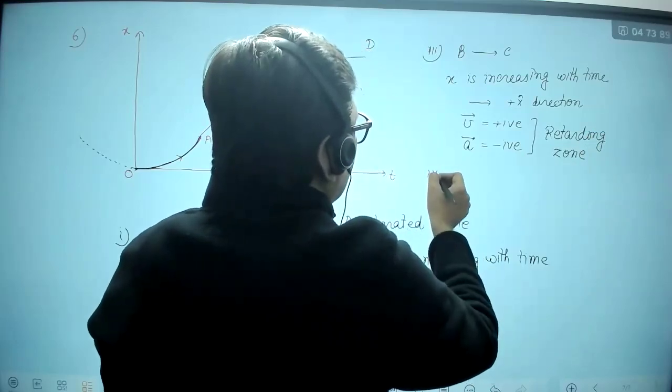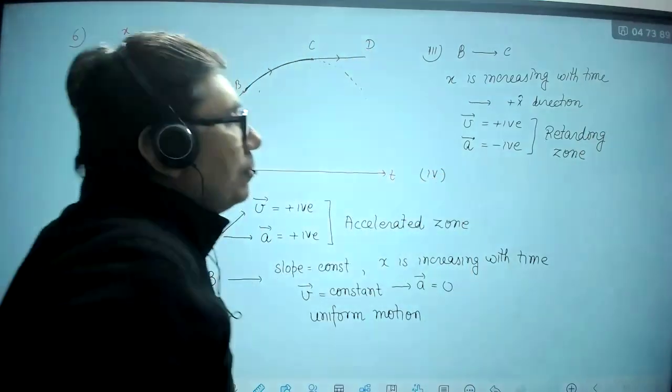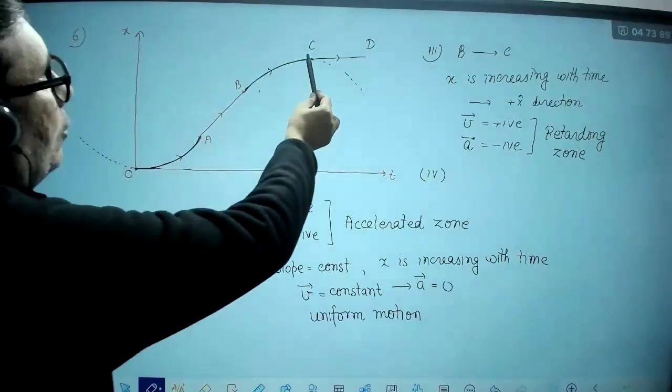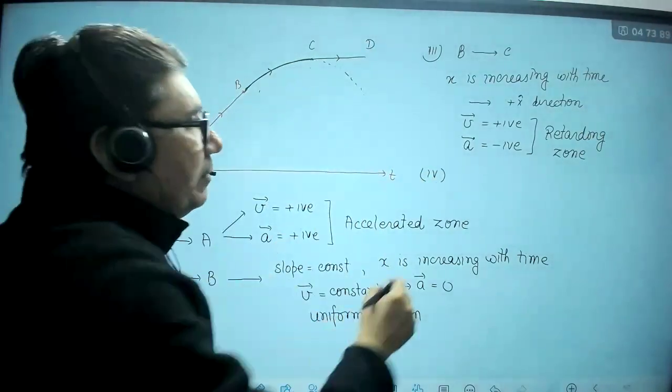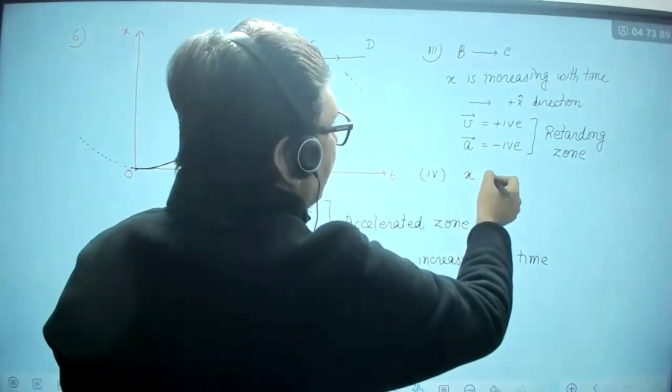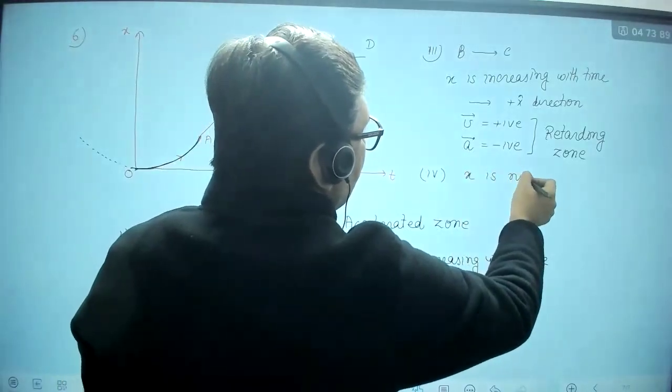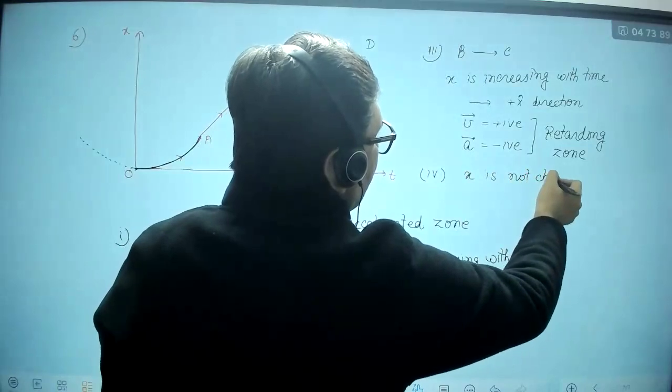And this fourth one here. If you look at this, it is a horizontal line, which means position is not changing with time. X is not changing with time.